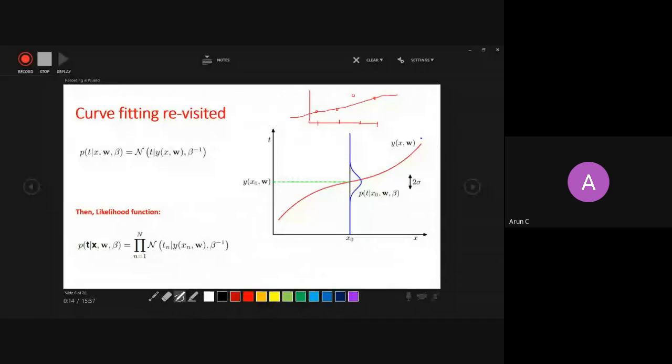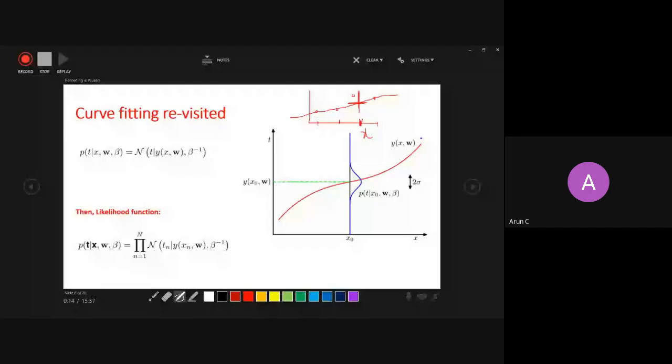Here, what we say is that rather than just fitting it directly, we will introduce some probabilistic modeling. For every x, we will not get one value of y, we will get a distribution of y, right? So I get maximally this value for this x.